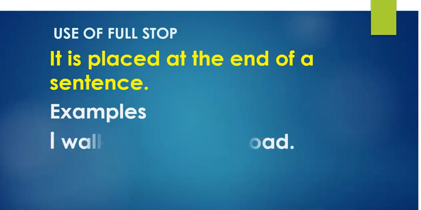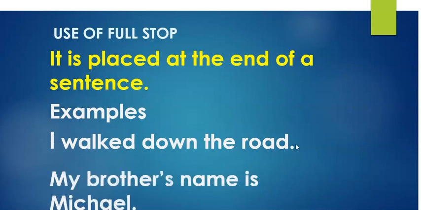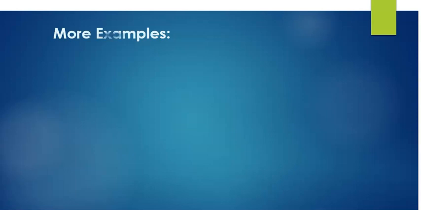Let's look at some examples. I walked down the road. Here is a full stop. My brother's name is Michael. Here is a full stop. Let's look at more examples.